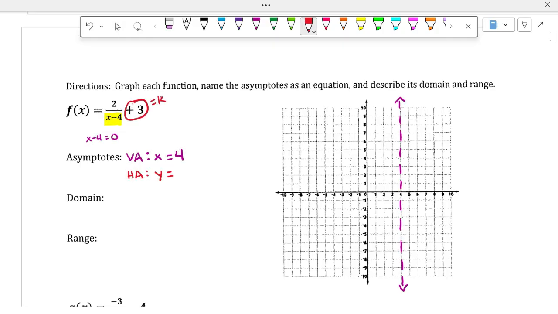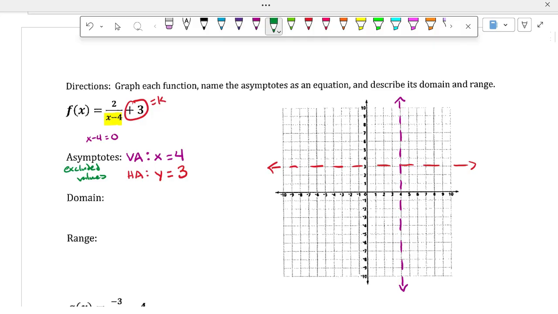So that's equal to k. So that means our horizontal asymptote is at y equals 3. So in other words, whatever big number is being added or subtracted to the fraction, that's your horizontal asymptote. So that's right here. So these are our excluded values. So another thing you can think about your horizontal and vertical asymptote, they're your excluded values.